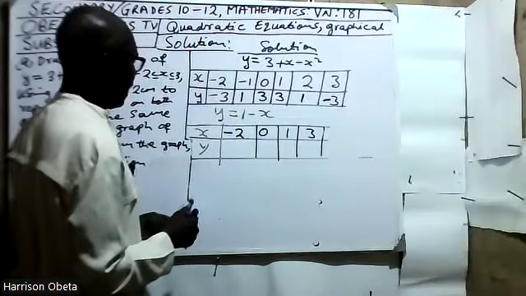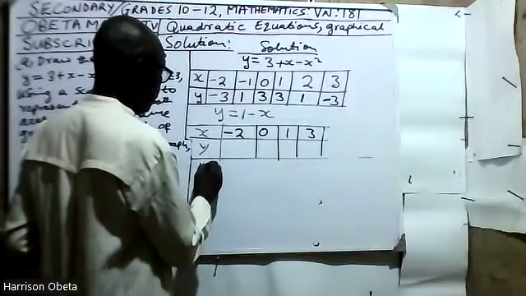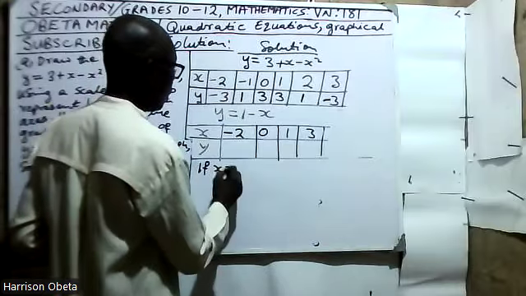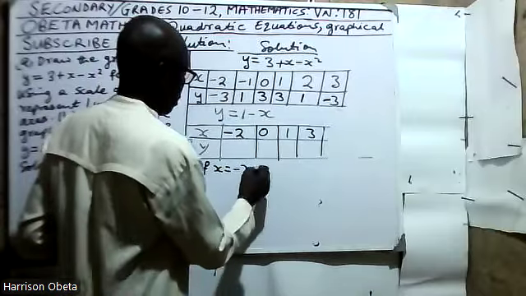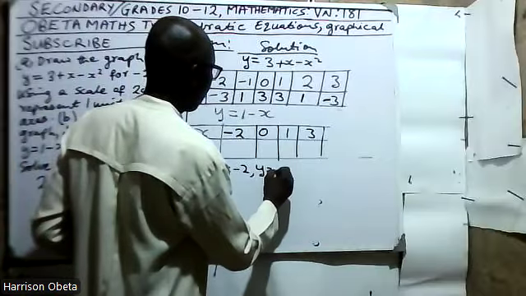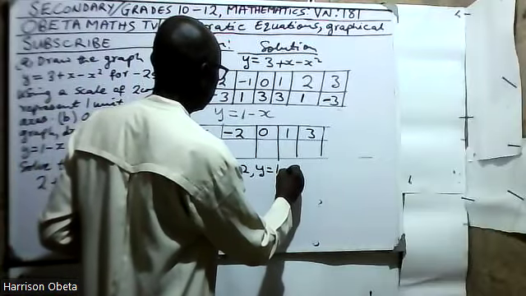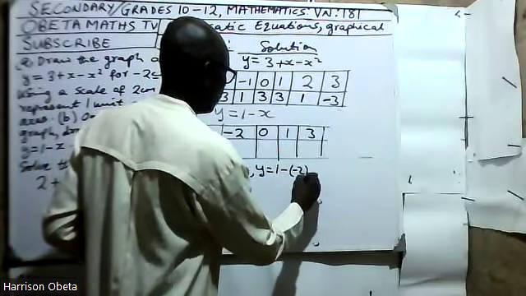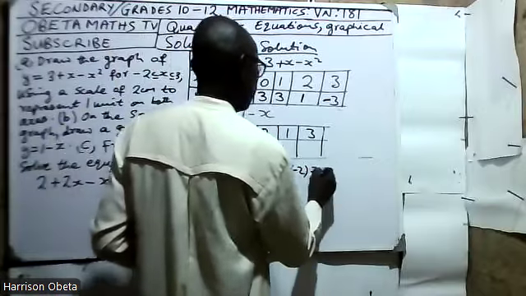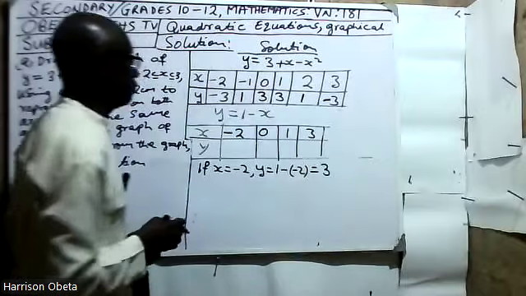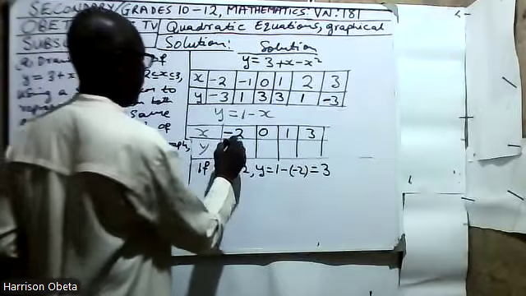Now, we go back. If x is equal to minus 2, then y should be equal to 1 minus minus 2. And that will give us 3, positive. So we have 3 here.